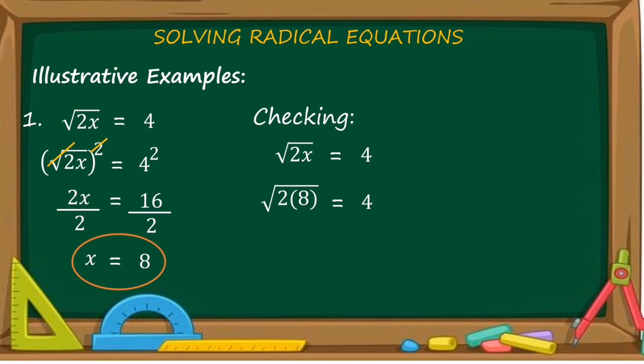The left side, the square root of 2 times 8, is equal to the square root of 16, which is equal to 4. The square root of 16 is equal to 4, which is also equal to the right side of the equation. So that is checked, meaning to say 8 is really the solution for this equation.